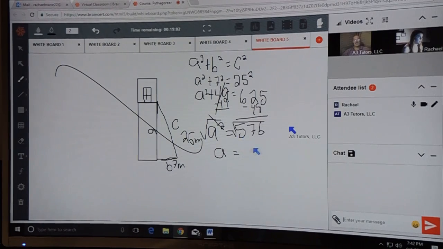And the square root of 576 is going to be 24. Use your unit of measure. Meters. So this is 24 meters.